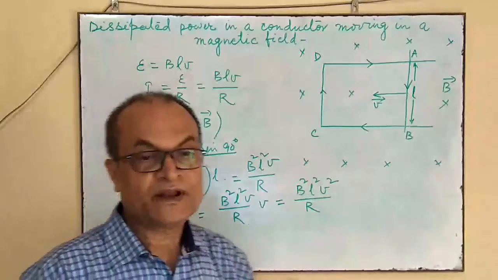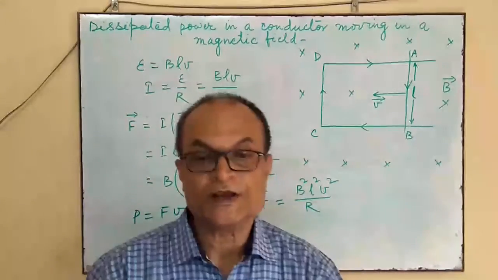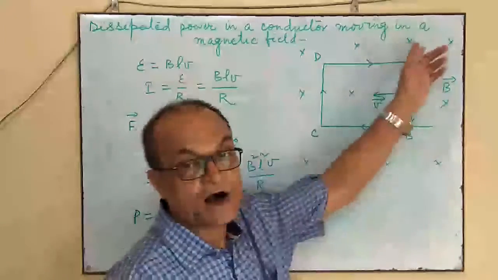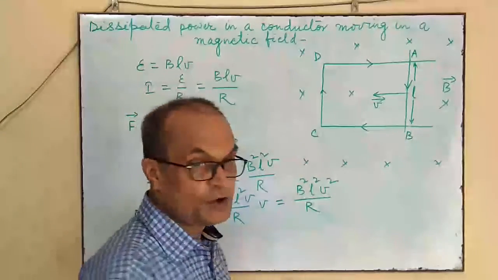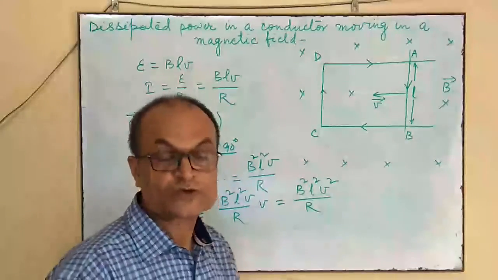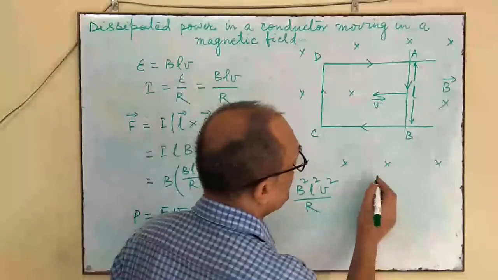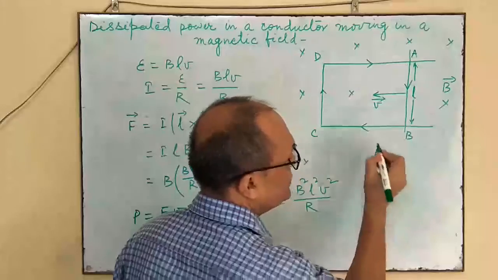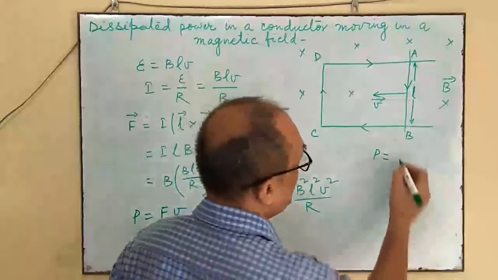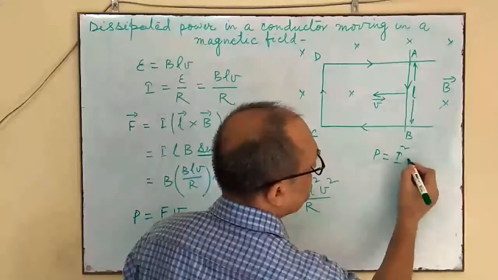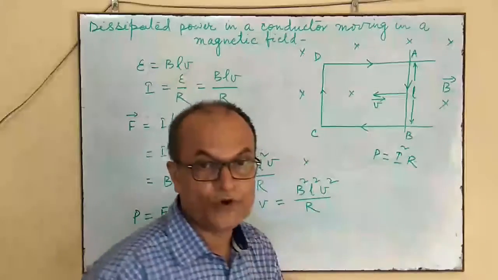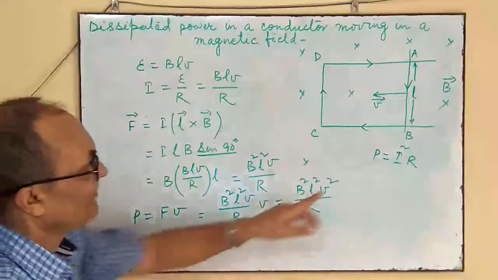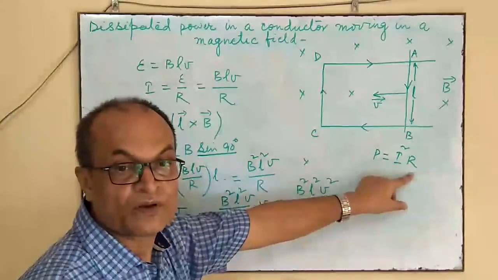Now, the rate at which thermal energy appears in this arm. According to Joule's heating effect, power is equal to I square R. We know the value of I and R also.